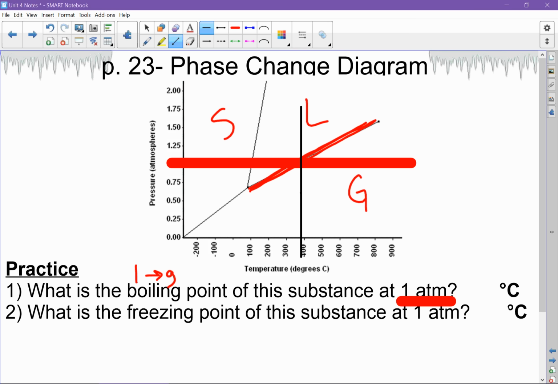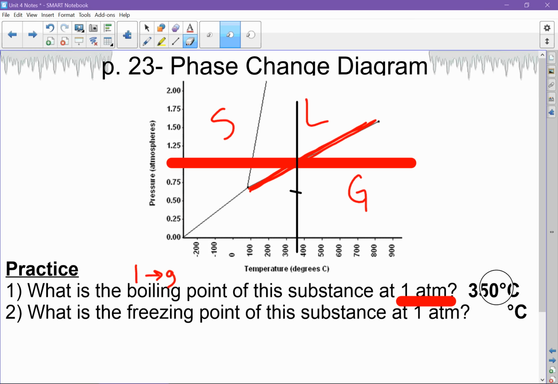Maybe move it over a little bit. Where all those things come together is maybe right in between 300 and 400. So I could say that the boiling point is probably about 350 degrees Celsius. I would have to heat it up that much, then it could cross from the liquid to the gas.